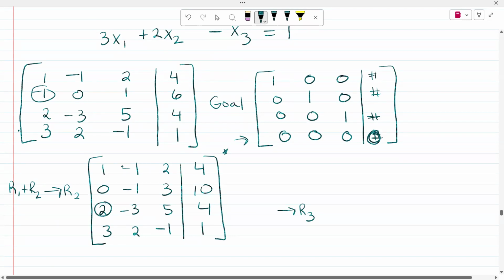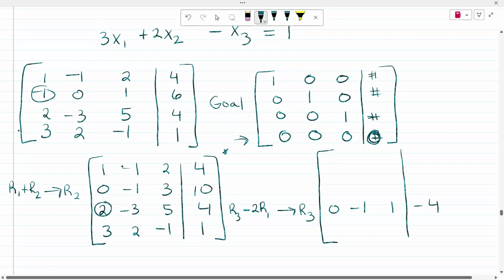It's going to be row 3 minus 2 times row 1, right? And when you do that, your new row 3 is going to be 0, -1, 1, straight line, -4.